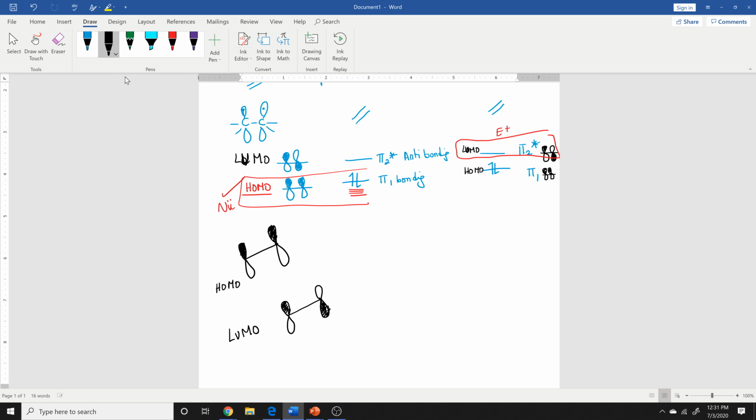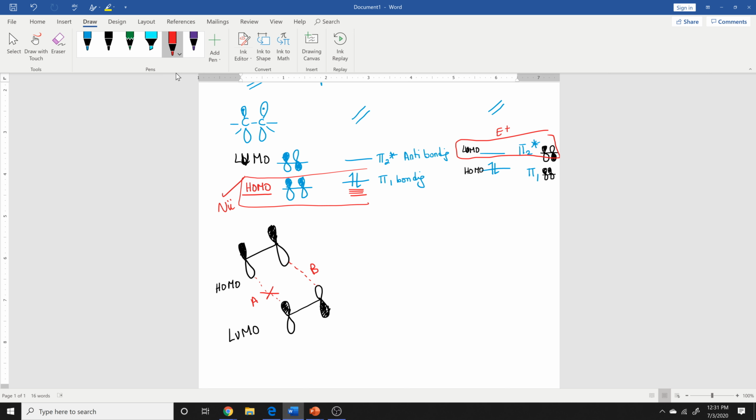This is the lowest unoccupied molecular orbital, and now I want to check if there's a bonding state between the lobes. Between those two over here, no, there is no bonding state. There is an anti-bonding state. So you write it like this, and you write it as an anti-bonding state.